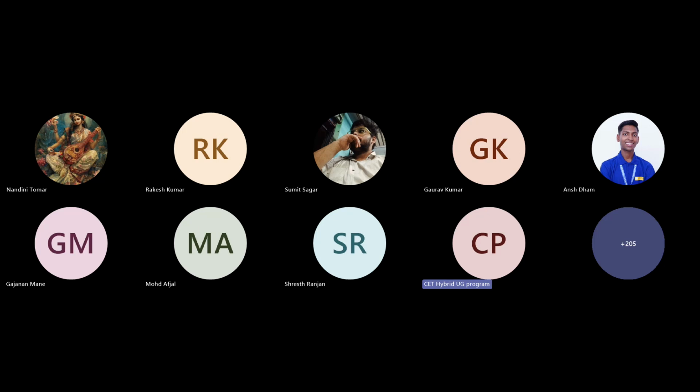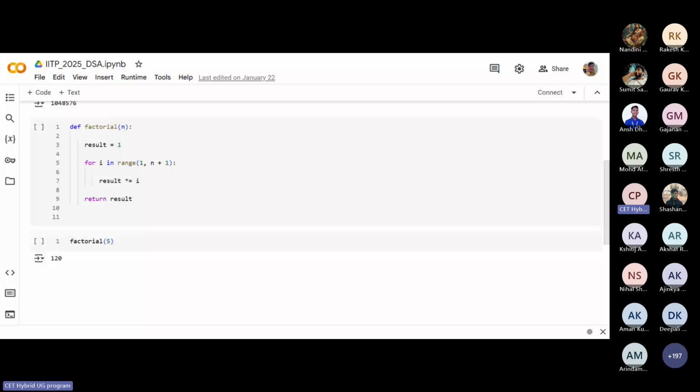Let me discuss one or two examples before going to some other part, and I am sharing my Colab file. Sorry. Then I will share the screen. My file is visible. Okay.